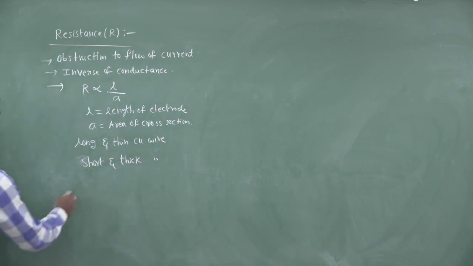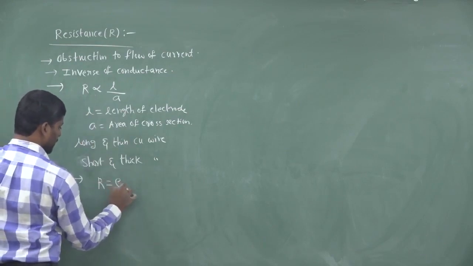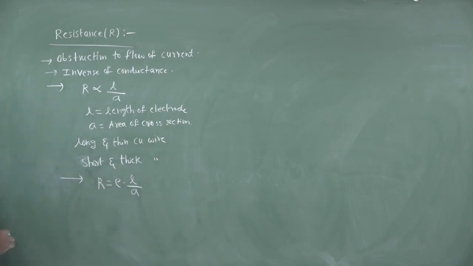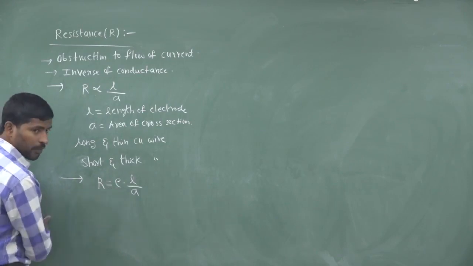Now if you remove the proportionality, what do we get? We get a constant that is indicated with rho. So R is equal to rho into L by A, the proportionality constant being rho.